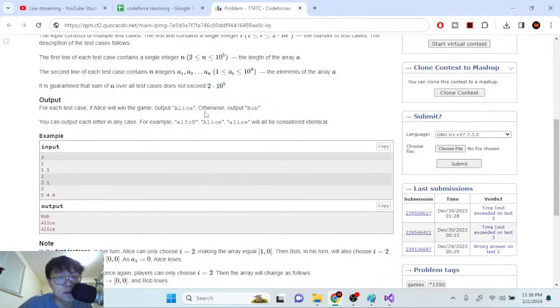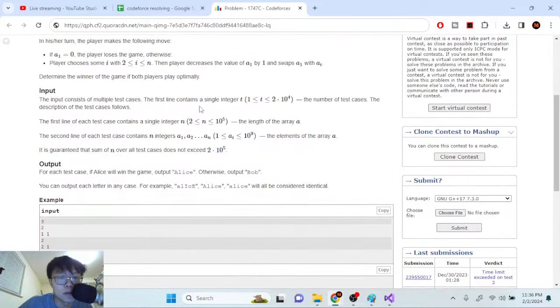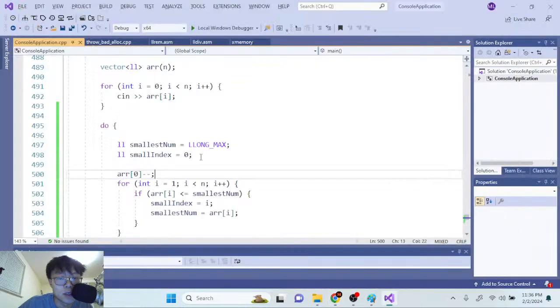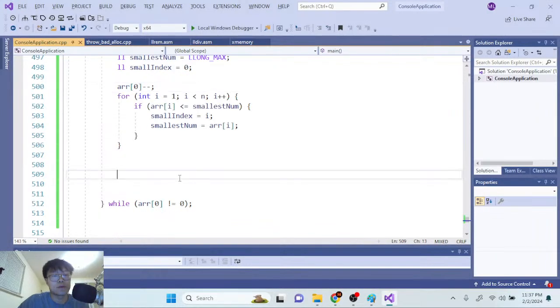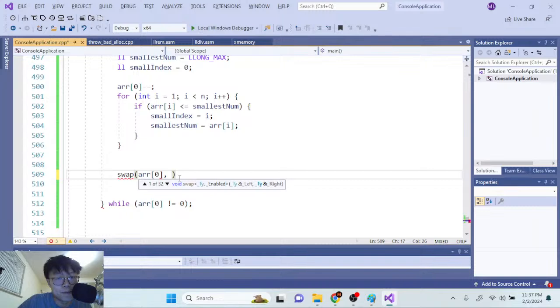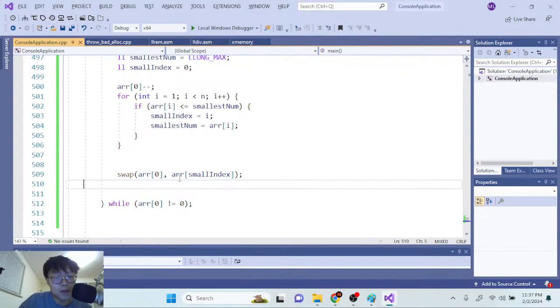And then we're going to swap it with the smallest number. So we're going to swap r at 0 with r at small index. Okay, so that'll swap them both, and then we're going to set Alice equal to not Alice.